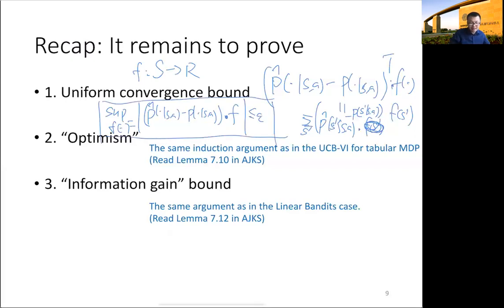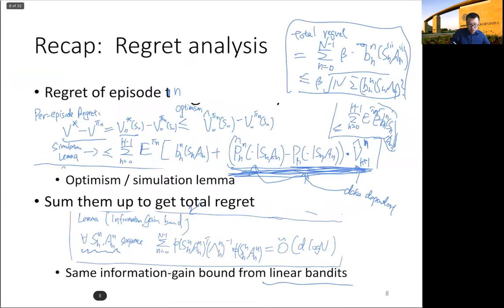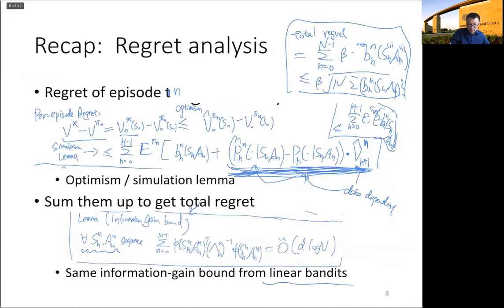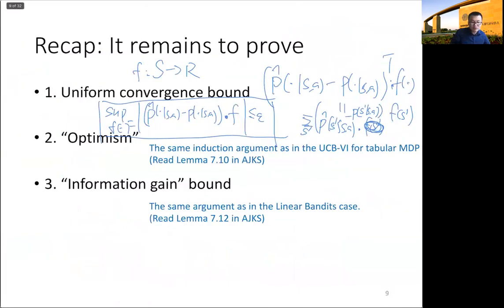If we can show that this epsilon is of a quantity that's the same as what we have chosen as the exploration bonus, and in addition, if we can verify that this quantity that we substituted here actually belongs to this function class F, then we can apply this uniform convergence bound to complete the full proof for the regret of linear MDP.